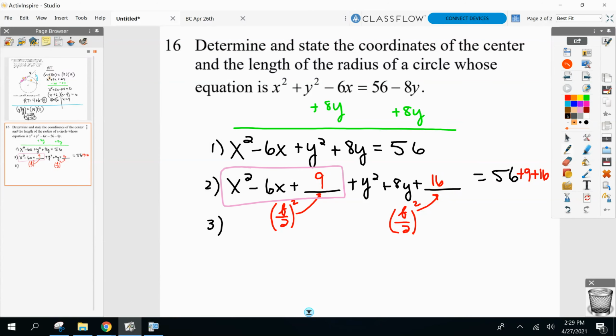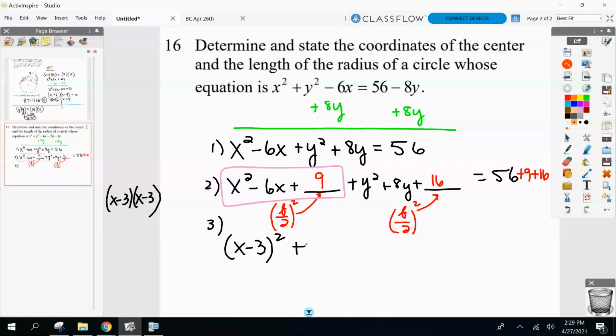And they should be the same numbers. It's minus 3, minus 3. So when I rewrite that, it's going to be x minus 3 all squared.